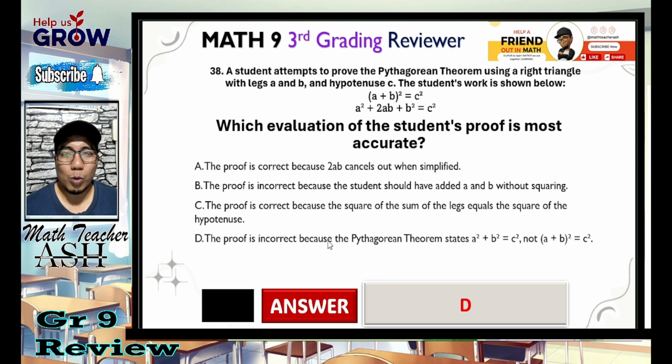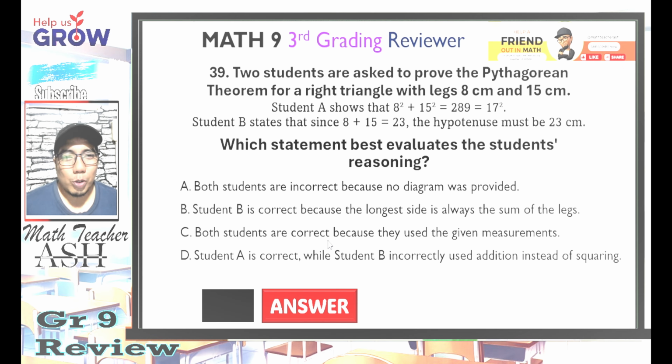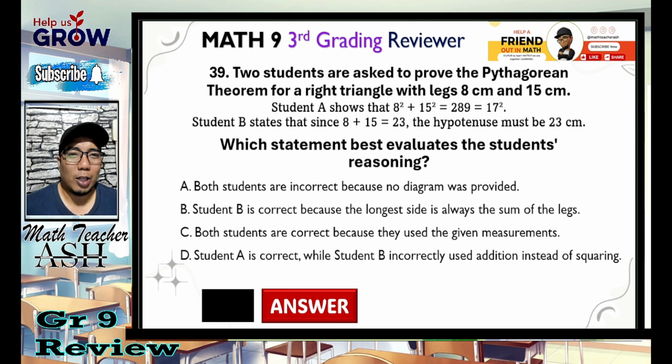Now, let us go to question number 39. Two students are asked to prove the Pythagorean theorem for a right triangle with legs 8 and 15. Student A shows that 8 squared plus 15 squared is equal to 289, which is equal to 17 squared. Student B states that since 8 plus 15 is equal to 23, the hypotenuse must be 23 centimeters. Which statement best evaluates the students' reasoning?